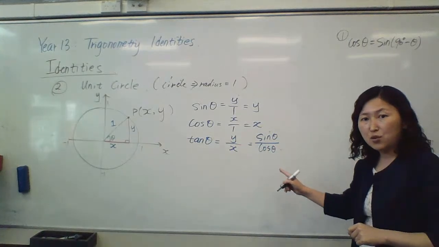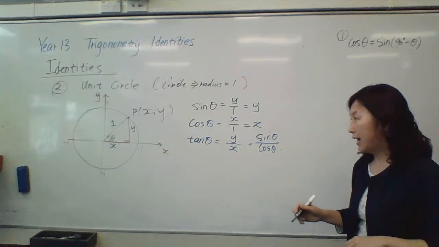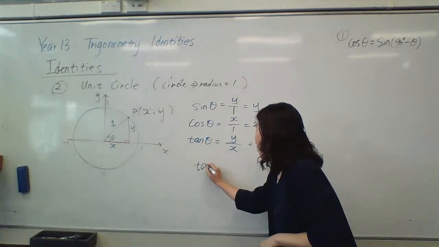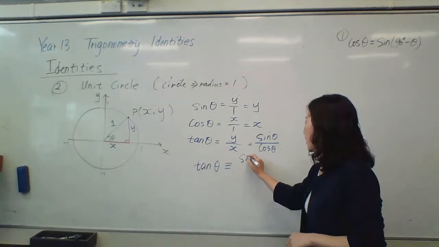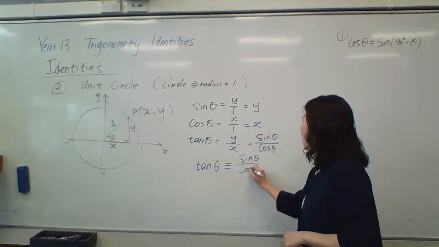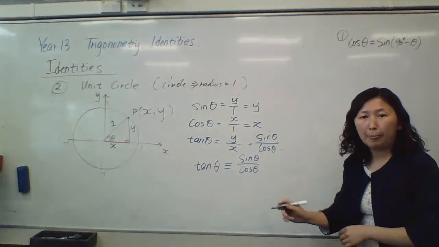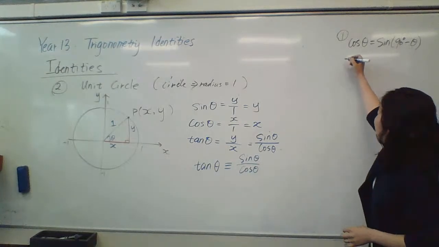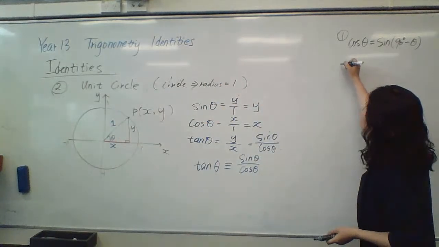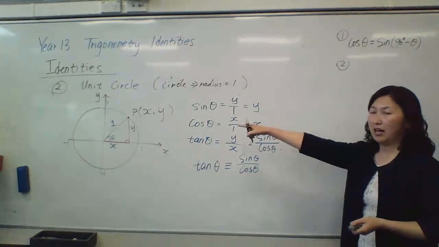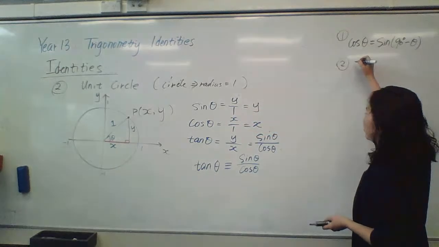Just by doing this, you came out with the second trig identity, which is always true: tangent theta is always equivalent to sine theta over cosine theta. I'm going to write this one down on the right-hand side. This is the second identity that we got from the right angle triangle.